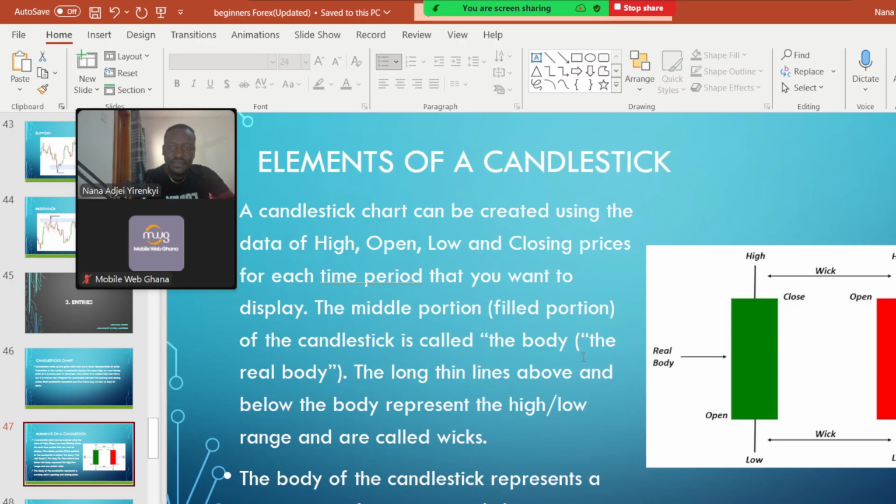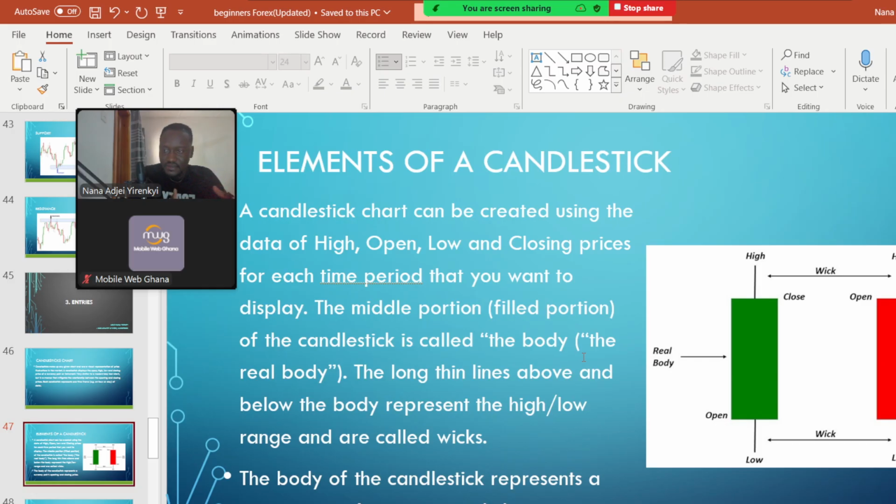Okay, and then the reason why we need to understand candlesticks is that when we look at the chart, the chart is made up of what? Candlesticks. Okay, so these candlesticks give us information because, like I said earlier on, we are using technical analysis, and the candlestick chart is actually data. So we need to understand the language of what?